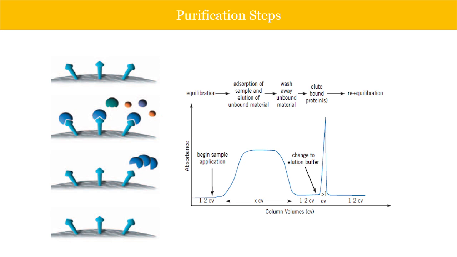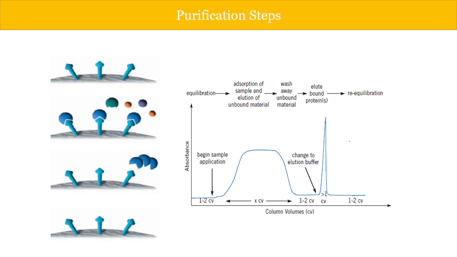Okay. Now the purification step. Now this is your absorption versus column volume. So when you have passed 1 to 2 column volumes, this is the beginning of the sample, where you undergo the equilibration of the column, then your washing steps. Then you start getting a curve where the absorption of the sample and the elution of the unbound material occurs.